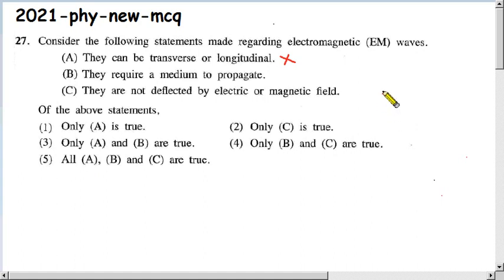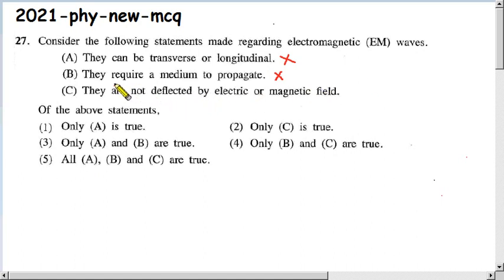The field is perpendicular to the direction of propagation. So that is wrong. Next, they require a medium to propagate. That is also wrong. Even in grade 10, you know that electromagnetic waves such as light and heat don't need a medium, because from the sun they come to our earth without using any medium.